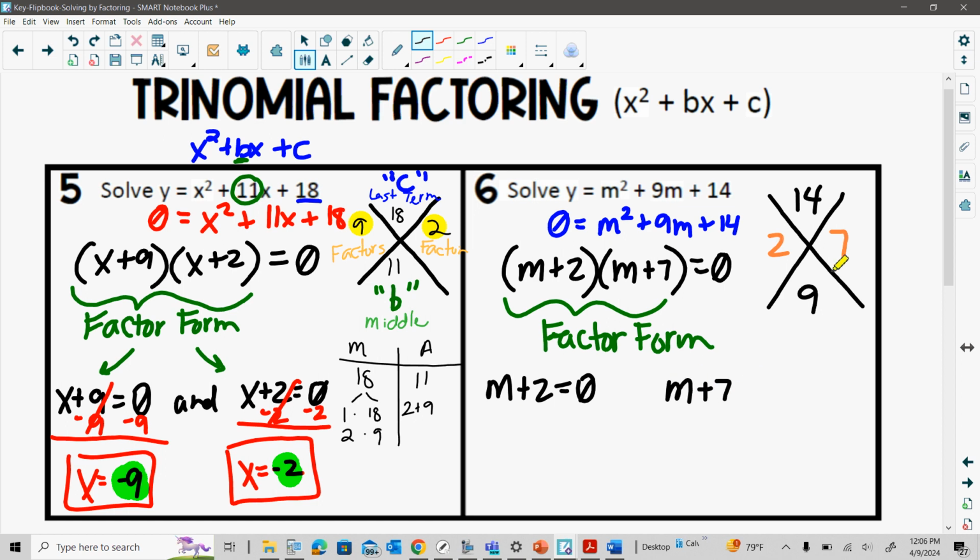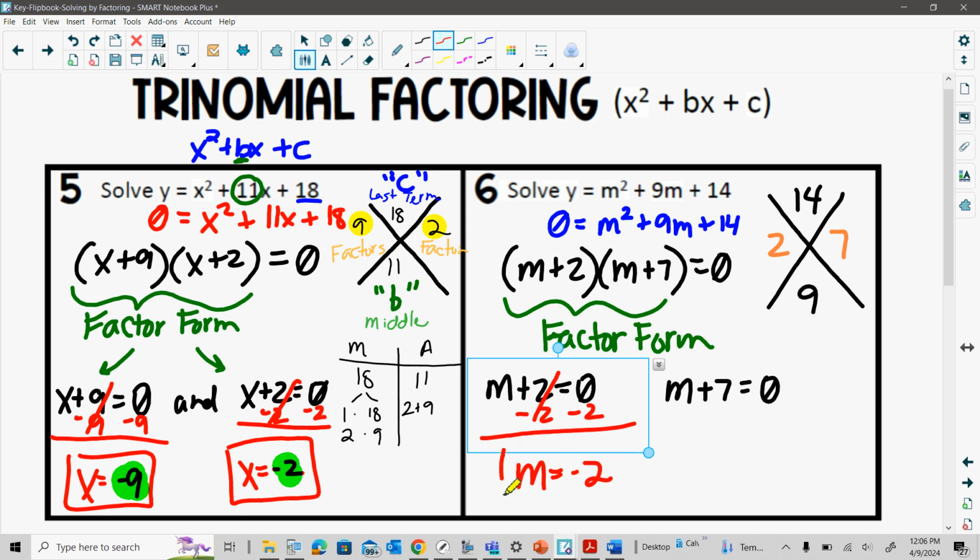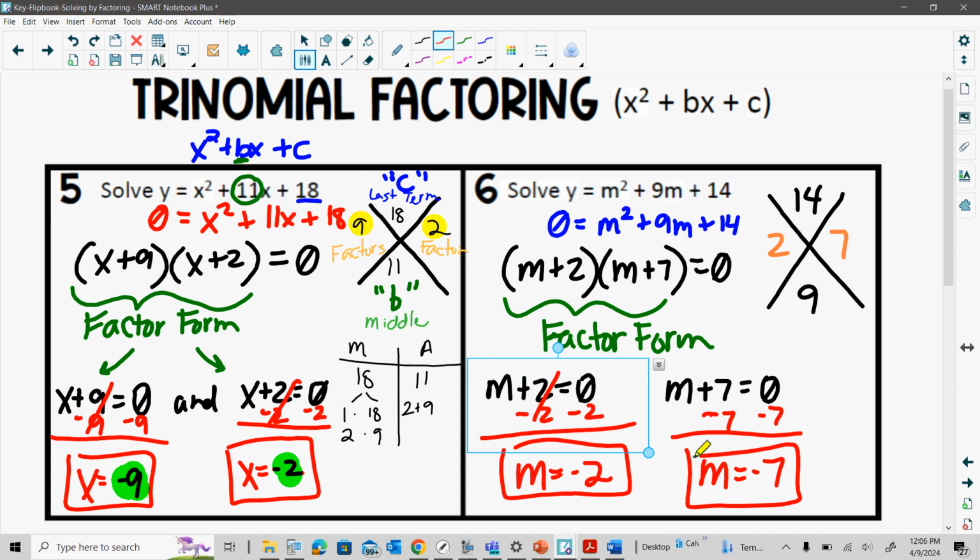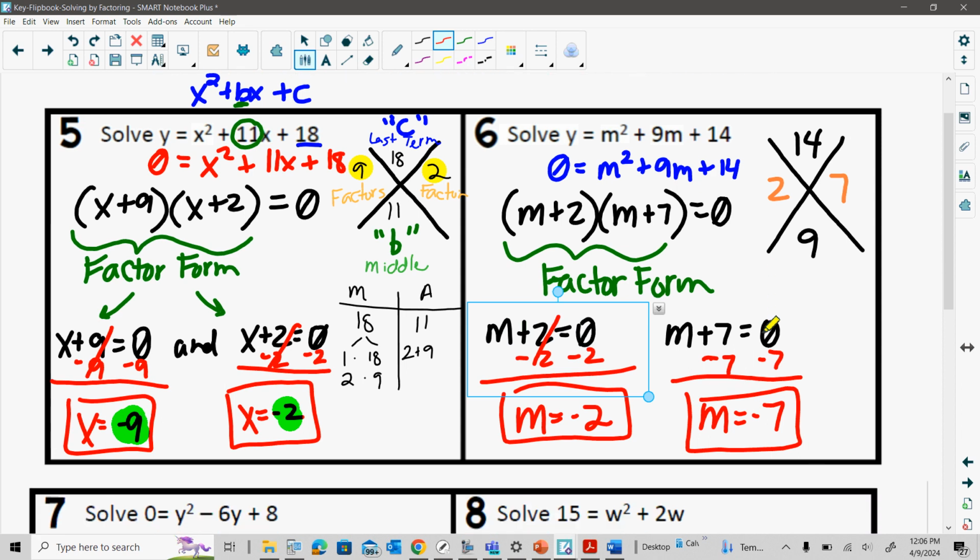Whatever my factors are is going to end up being the opposite of that. So minus 2, yep, that's going to be the opposite of cancel. So m equals -2 as one solution, and m equals -7 as the other solution. Okay.